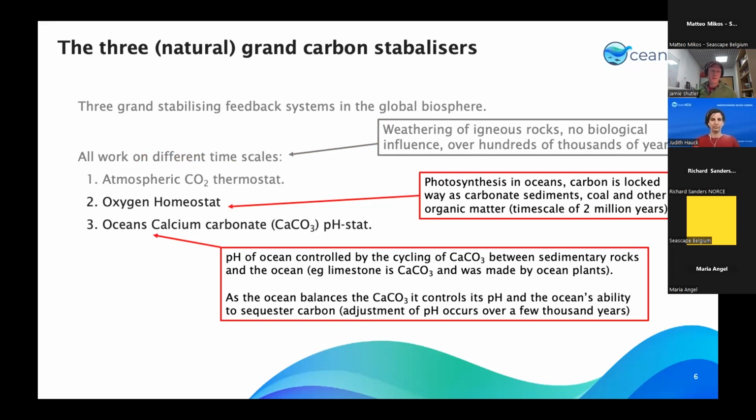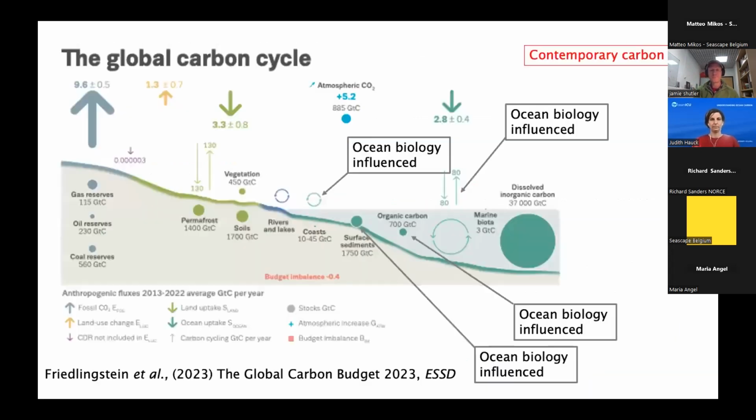And then the last one, the ability of the oceans to buffer changes in the pH, which means that you can then control the cycling of carbon between the atmosphere and the ocean, is clearly also biologically controlled. So over these really long time periods, the natural carbon cycle is clearly strongly influenced by biology.